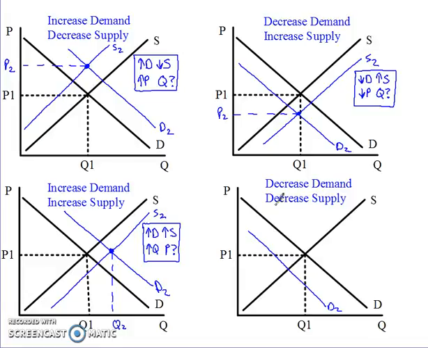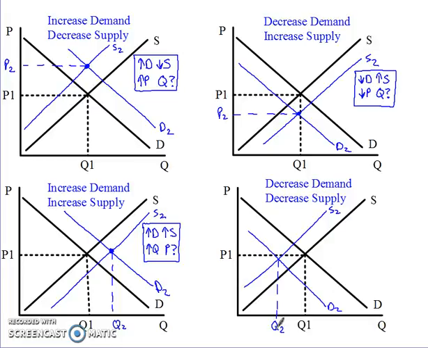Decreased supply means the supply curve shifts left, so there's the decrease in supply. We can see for sure that the new equilibrium quantity is moving to the left. Let's mark our quantity. The quantity clearly went down.